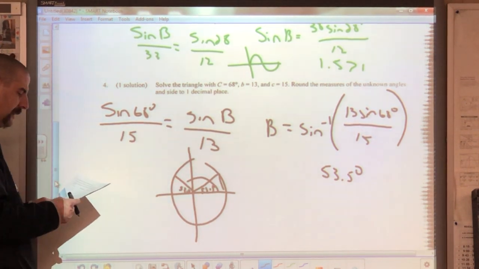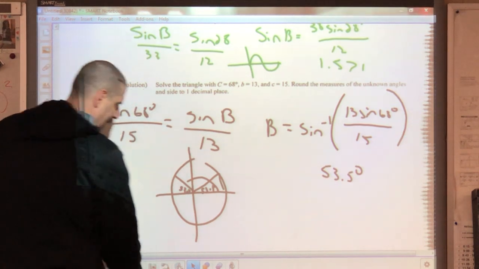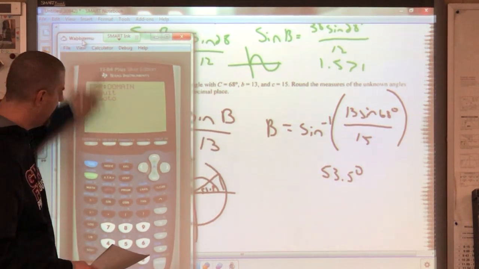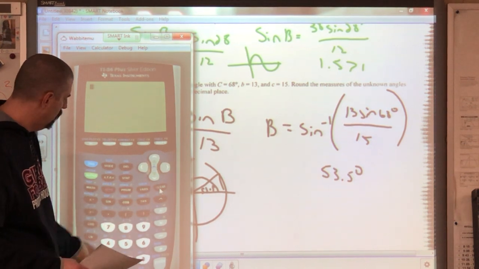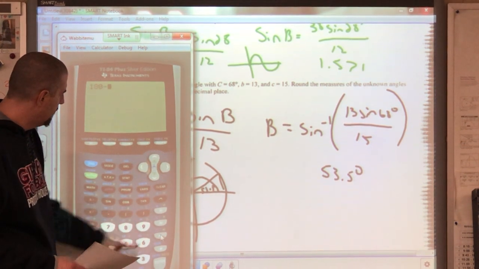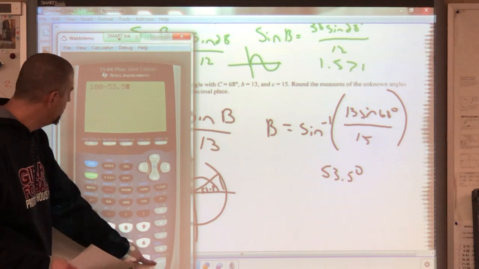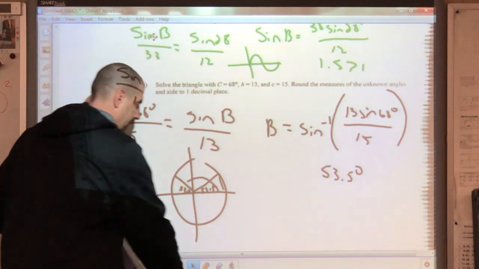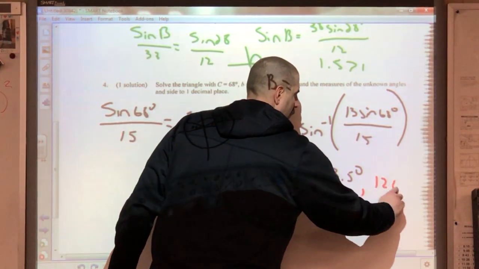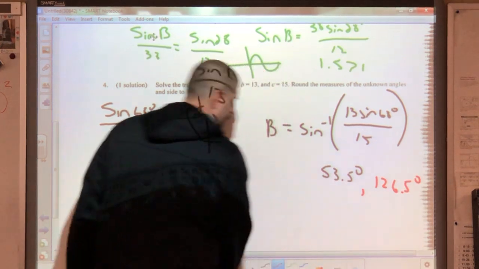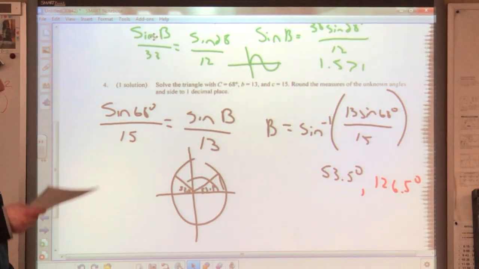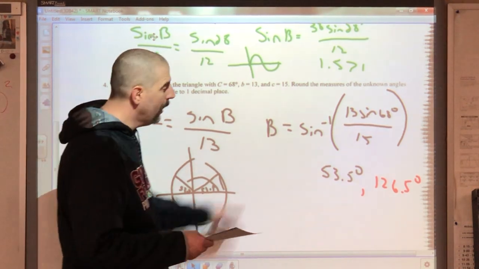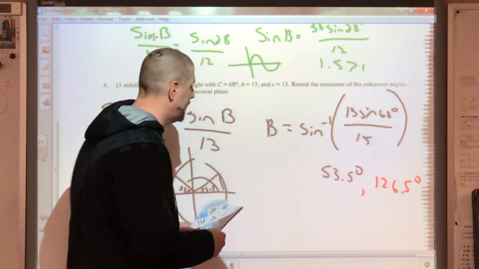You're going to take 180 minus 53.5, and you get 126.5. So now we have two possible triangles, but this says one solution. Well, guess what? One of these angles doesn't work in a triangle.